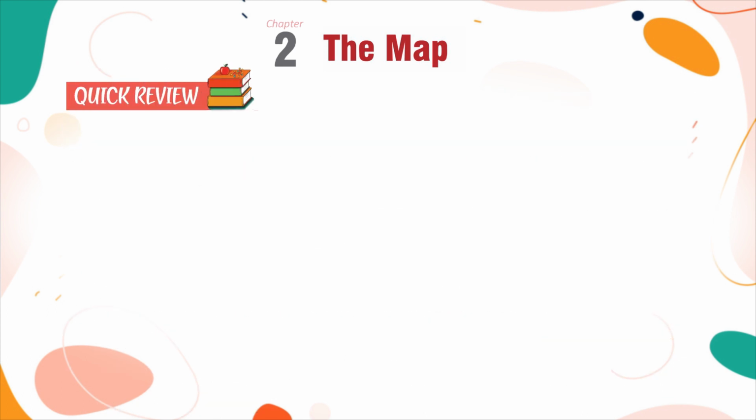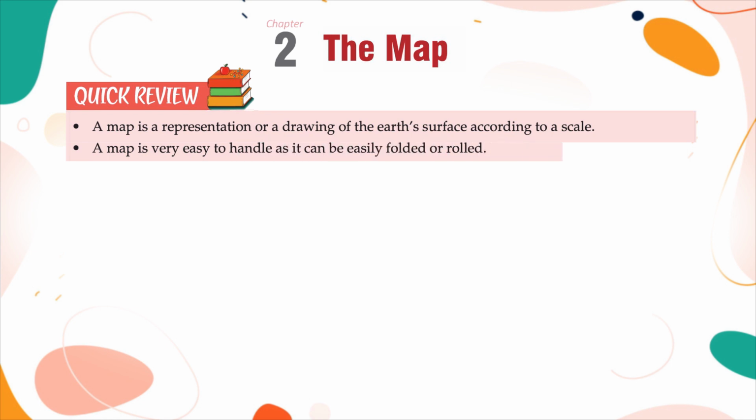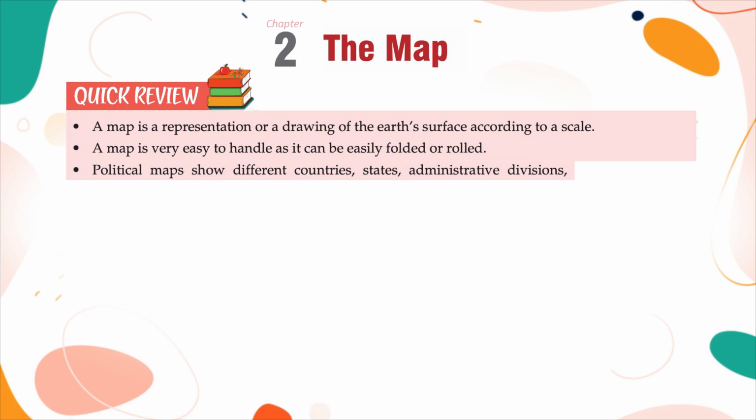Quick review. A map is a representation or a drawing of the Earth's surface according to a scale. A map is very easy to handle as it can be easily folded or rolled. Political maps show different countries, states, administrative divisions, cities, towns, and villages of a country.